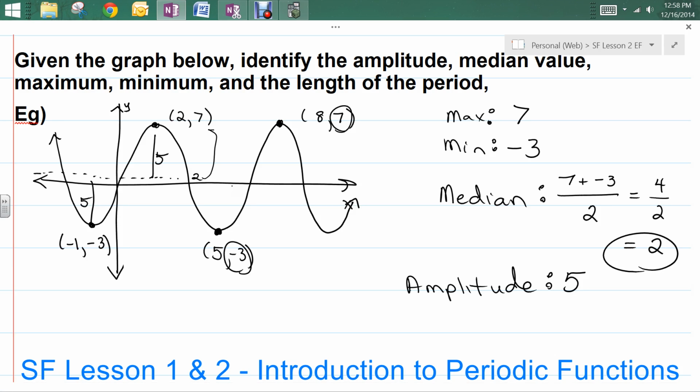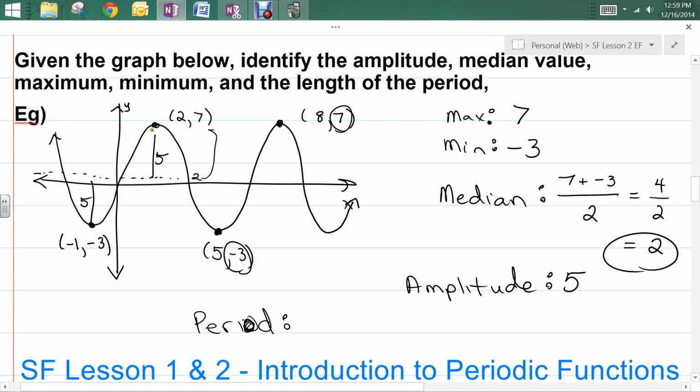Okay? Now, last but not least, the harder one is the period. Now, for the period, what I have to do is pick 2 points that are exactly the same situation, that are doing the exact same thing.